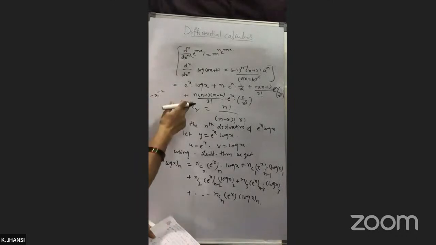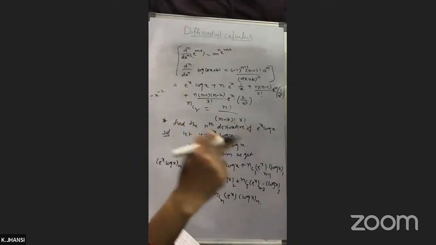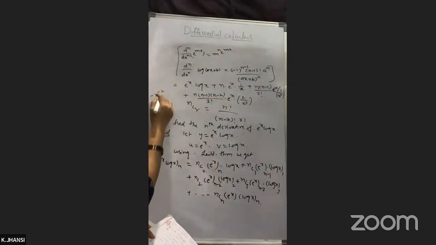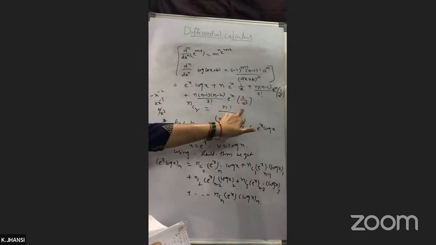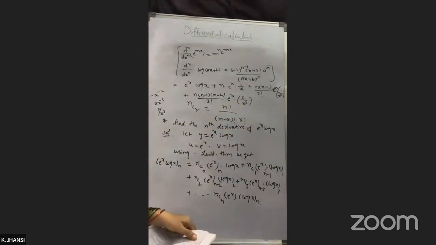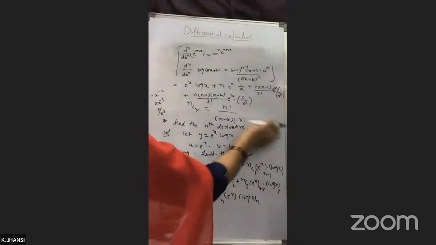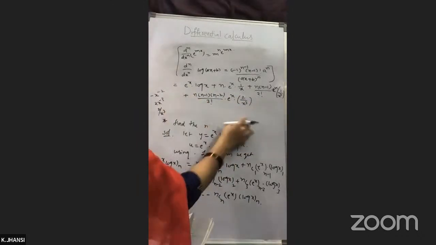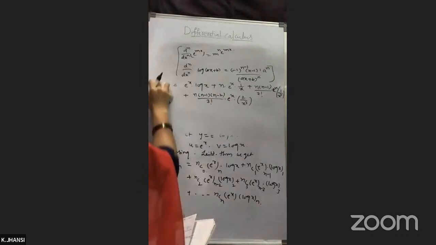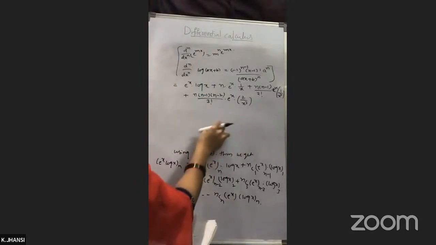So x to the power of n differentiation is n into x to the power of n minus 1. If you do that, minus into minus will be plus, x to the power of minus 3. That is 2 by x cube. So we got here 2 by x cube. So this is the nC3 term of the expansion. If you go on doing like that only, the nth order will be like this.